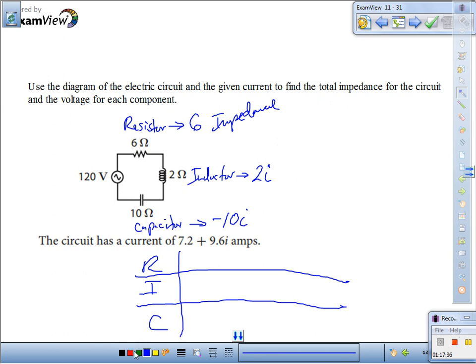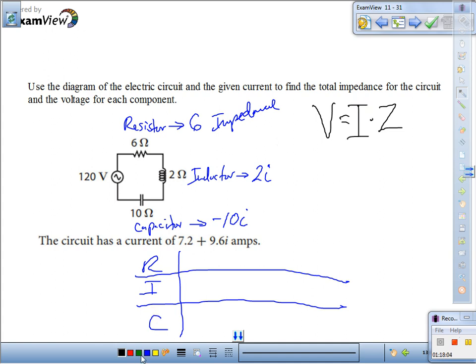All right. So, who remembers the formula that we use? Remember it like a credit card? Not Visa, but it's V equals I Z. Volt equals the current times the impedance.